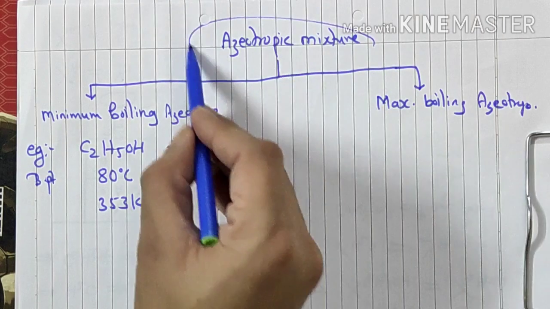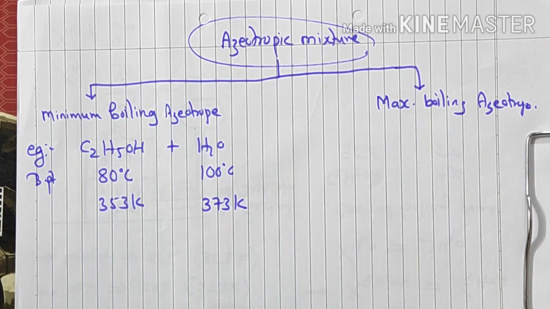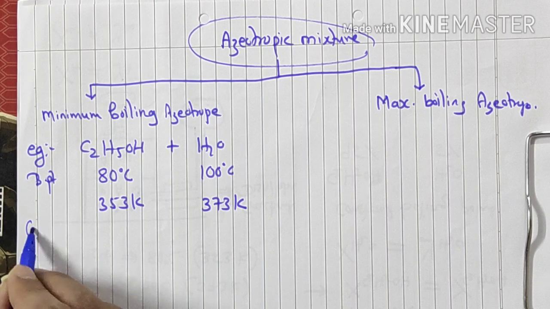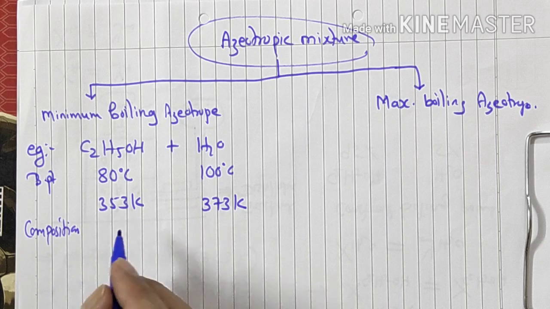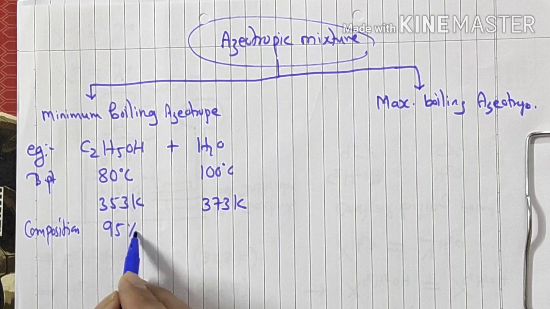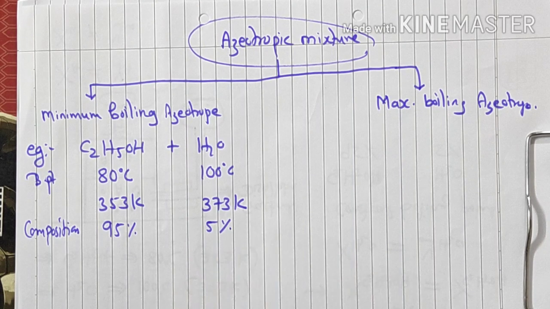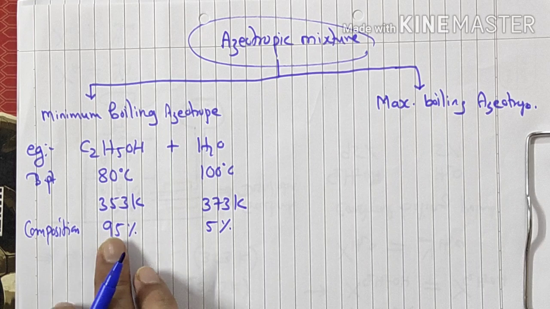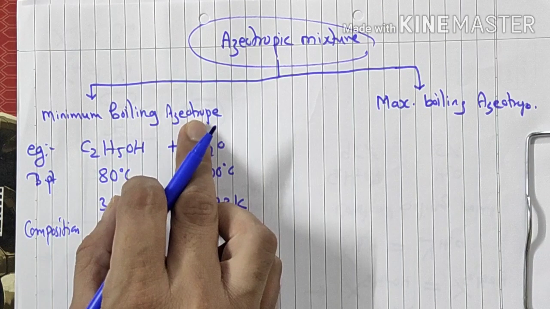For a solution to be showing minimum boiling azeotrope, the composition is 95% will be of ethyl alcohol and only 5% will be water. Right? If I maintain this, then and only then I will get minimum boiling azeotrope.